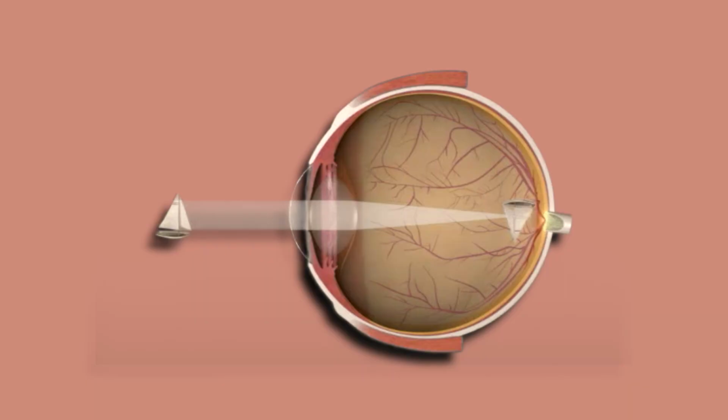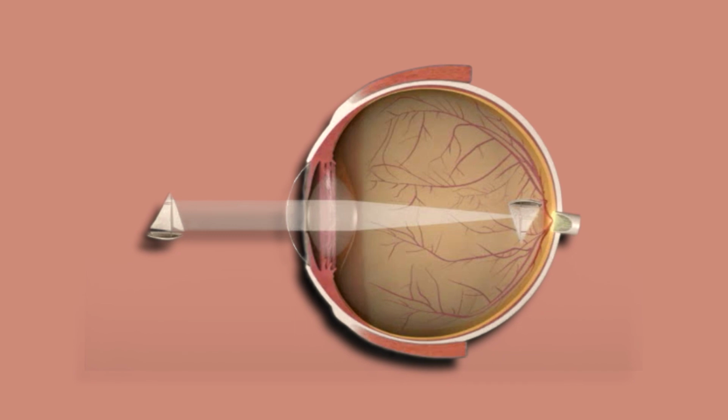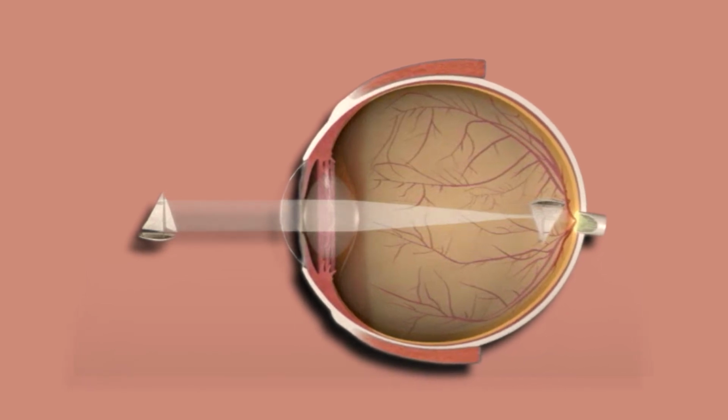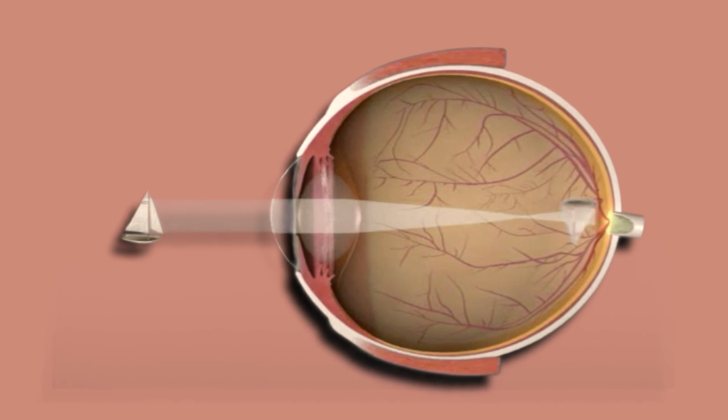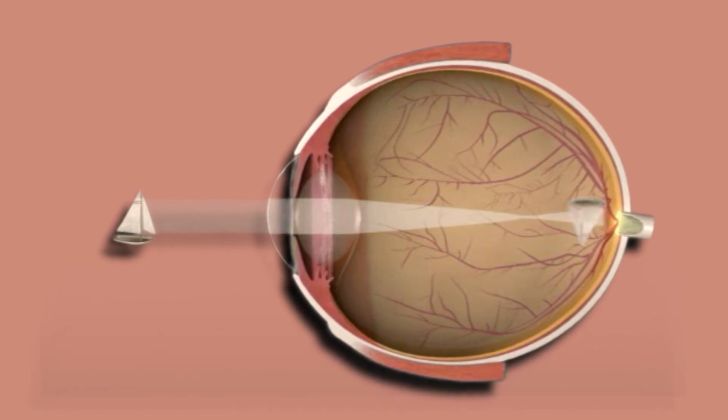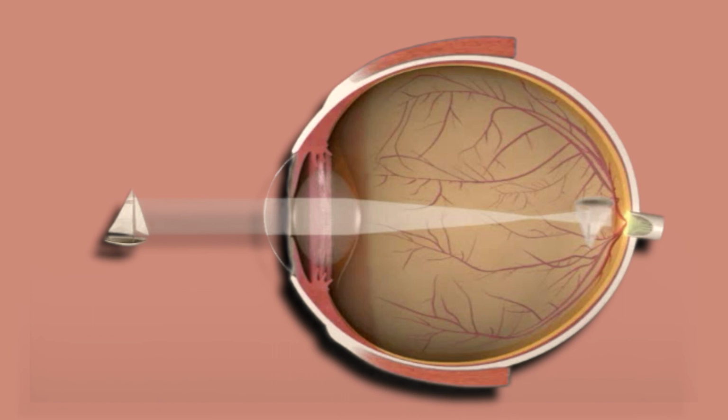What are the functional implications of errors of refraction? Functional implications depend on the type and severity of errors of refraction. The commonest is short-sightedness, otherwise known as myopia. There is difficulty in seeing things at a distance. Seeing things closer is not a problem. That is why it is called short-sightedness.